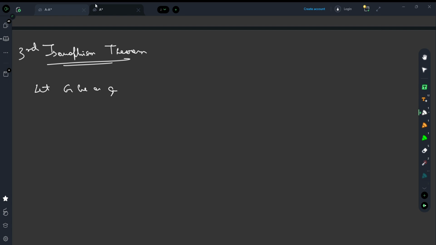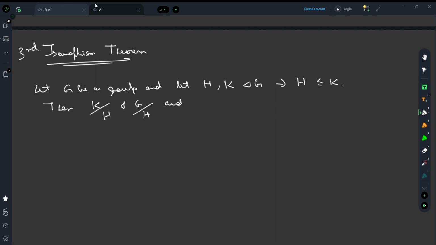It says that let G be a group and let H and K be normal subgroups of G such that H is contained in K. Then K mod H is normal in G mod H, and G mod H mod K mod H is isomorphic to G mod K. Okay, so this is the third isomorphism theorem.